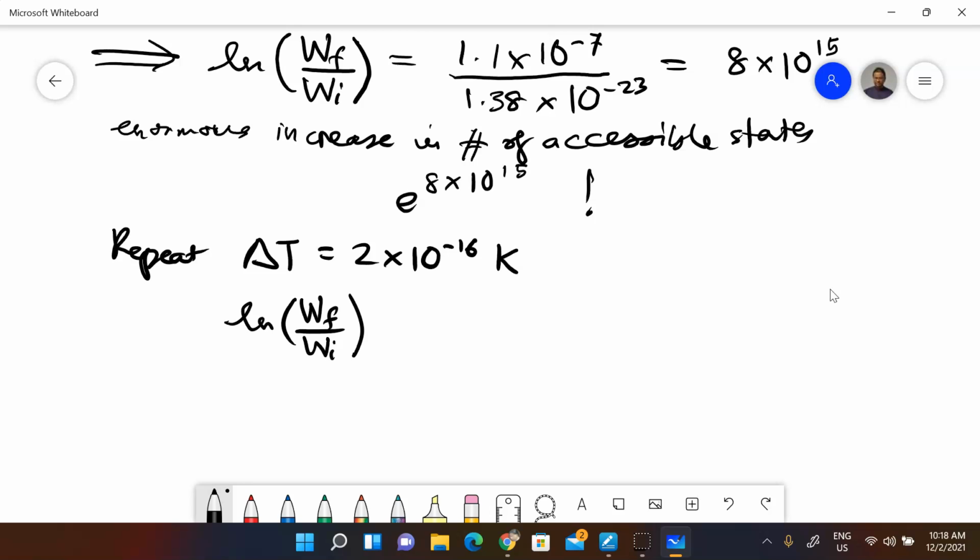In this particular case it will be 8 times 10 to the power 5. Still big. 10 to the 6 is a million, so still big. And I repeat again until you can see some smaller number.